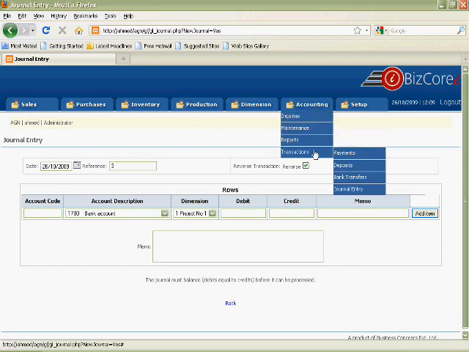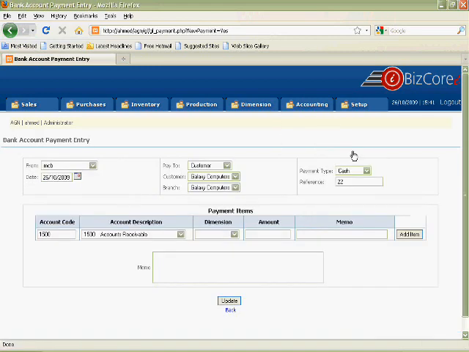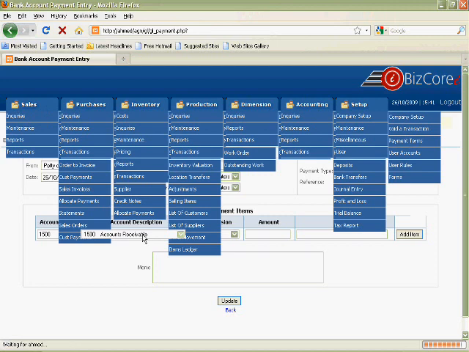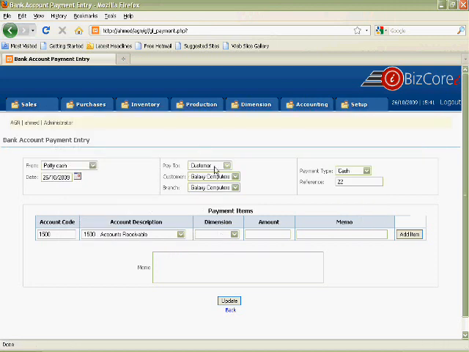Accounting transaction. First of all, we are going to make payments. Select the bank or petty cash, for example petty, and for example we are paying taxes. Select miscellaneous.